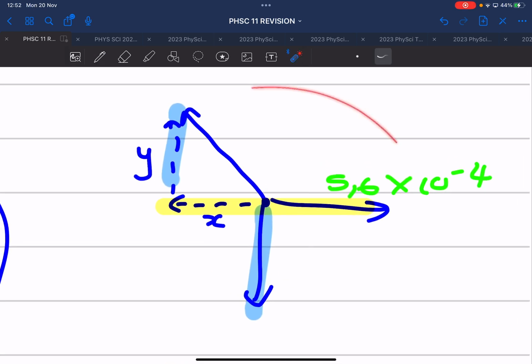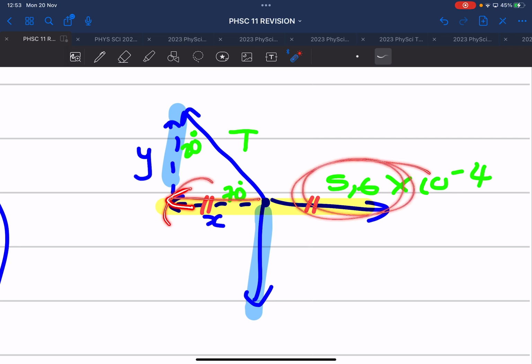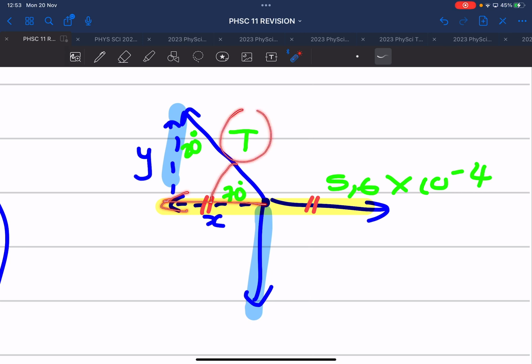Nou, hierdie voorwerp beweeg nie, it's not moving. And it's only 2 yellow forces. So dit beteken, hierdie krag moet gelyk wees aan daai krag. Okay? Dan in hierdie driehoekie, this triangle, they asked me I must calculate T. I know this angle is 20 degrees, or this angle here is 70 degrees. And ek het X, I have the X value. So I have that. I have, let's say 70, and I want to calculate T. What will I use?